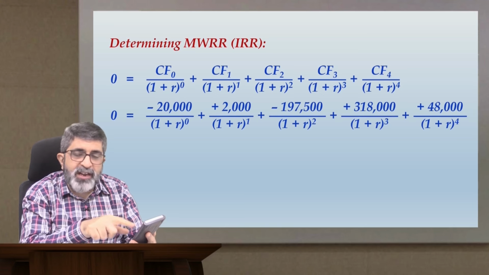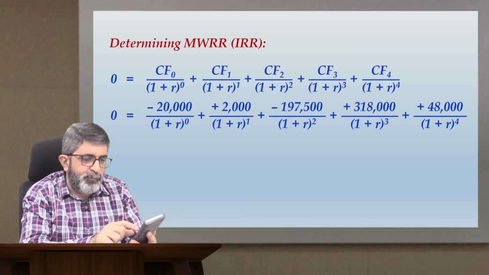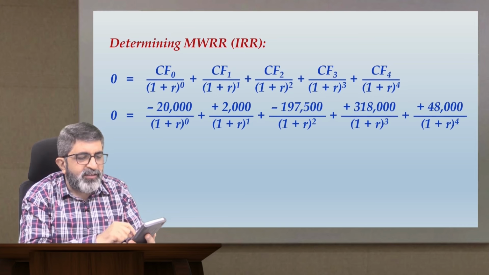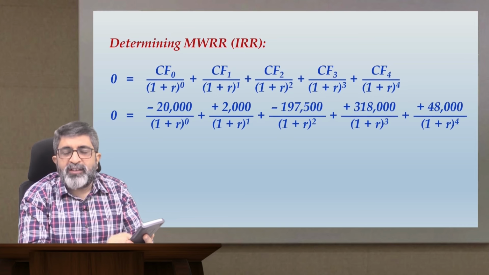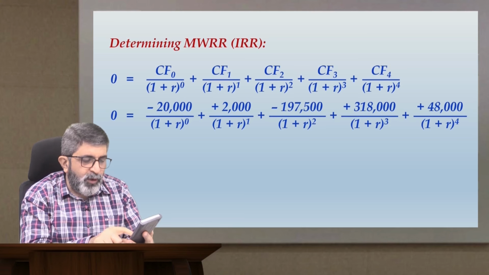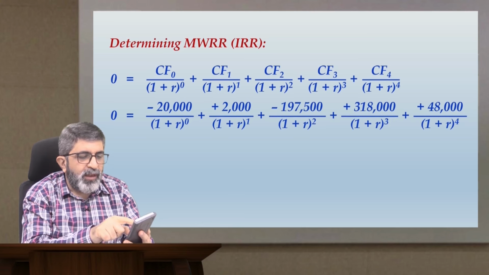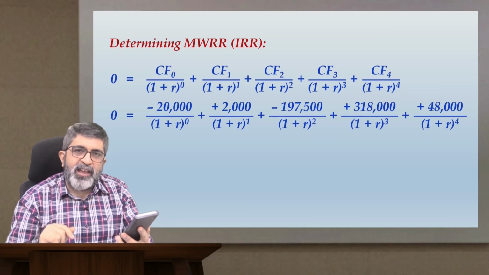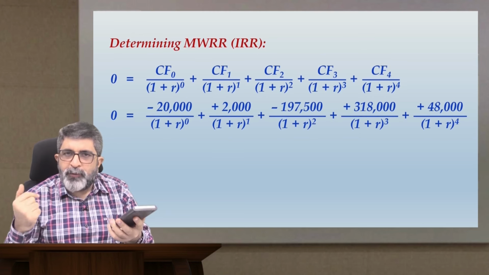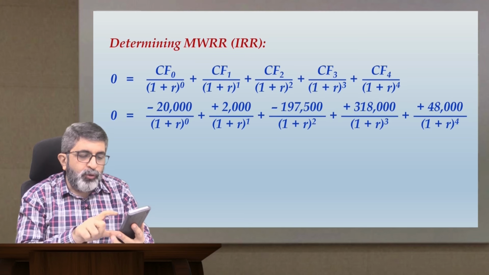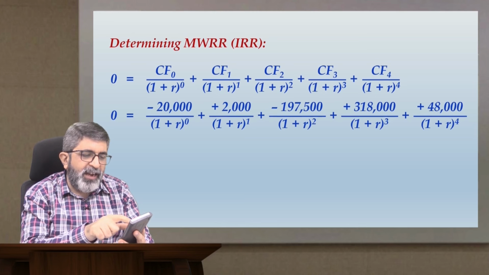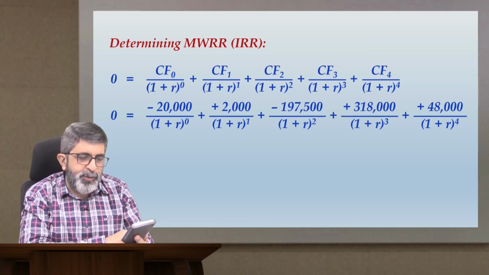So 318,000 is the input, then press enter, press the downward arrow key twice. The last year cash flow is $48,000. So input 48,000, press enter, downward arrow key twice. It is asking fifth year cash flow. There is no fifth year cash flow involved. So press IRR, that is what you want to compute, and then press CPT for compute.